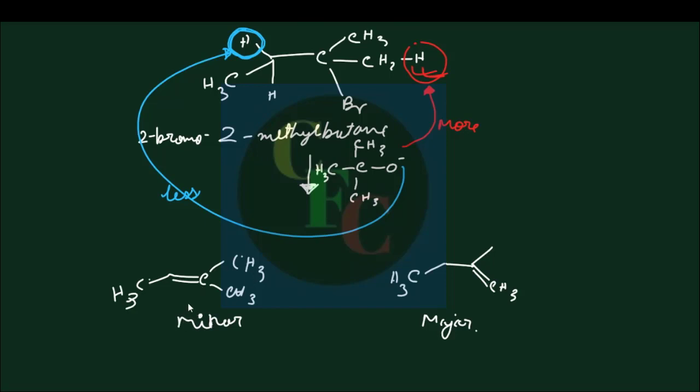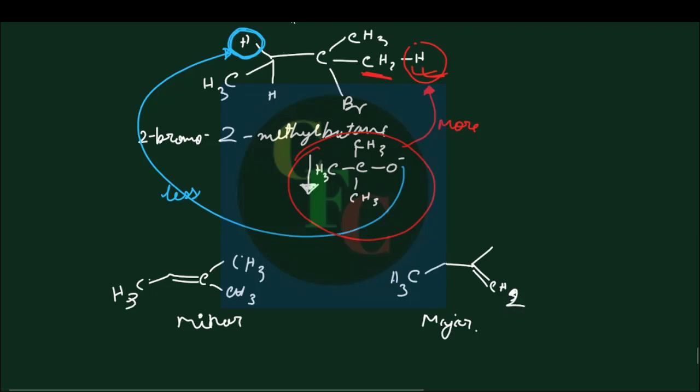This is applicable only when you have a very bulky base, because now this base faces some hindrance while approaching the beta hydrogen which will give the more substituted product, whereas this is more accessible. The primary beta hydrogens are more accessible, and it will form the less substituted product as the major product in case of bulky bases.